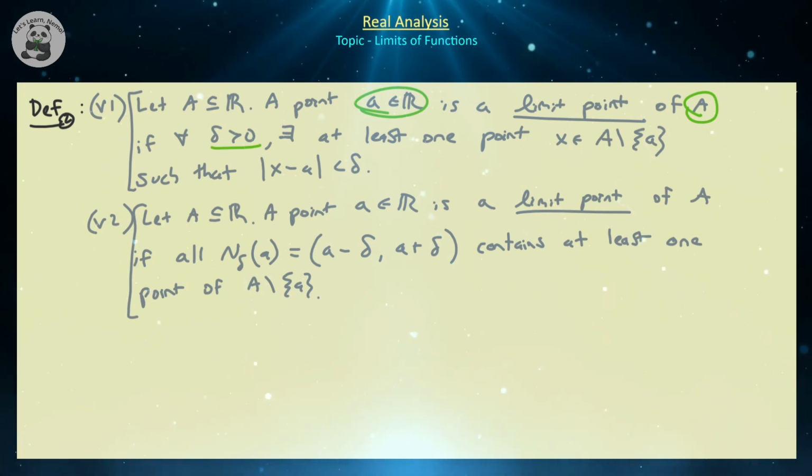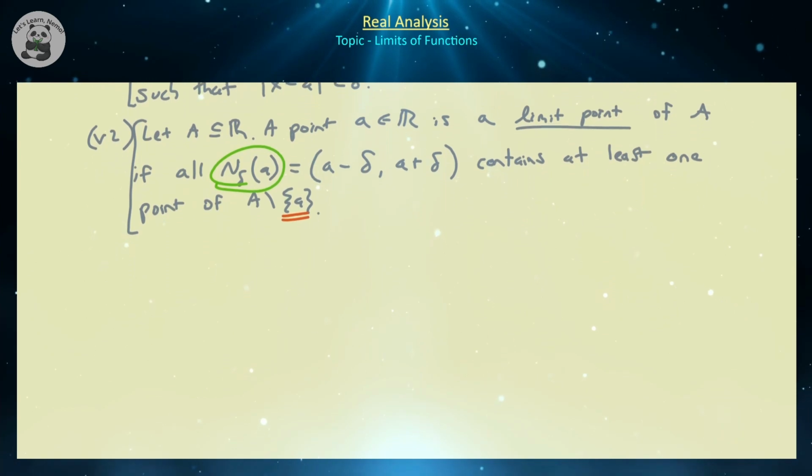A point little a is, again, said to be a limit point of A if for any neighborhood of little a with radius delta, there always exists at least one point in A that is within this particular interval, except for little a. Keep in mind that it's obvious that all neighborhoods of little a contain little a. That's why we're excluding it from this neighborhood.